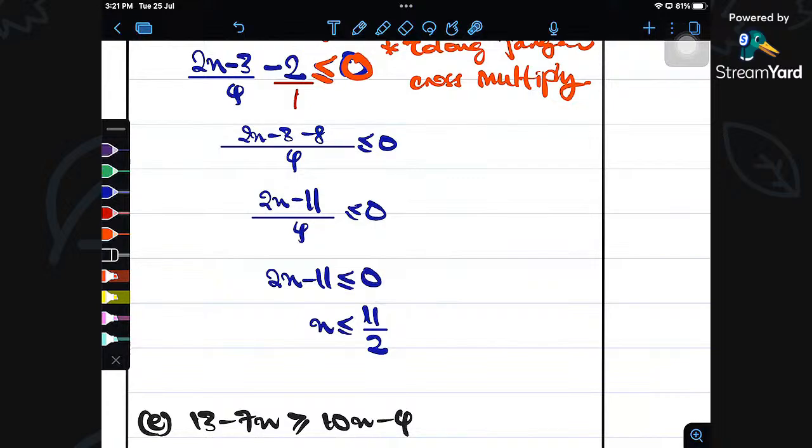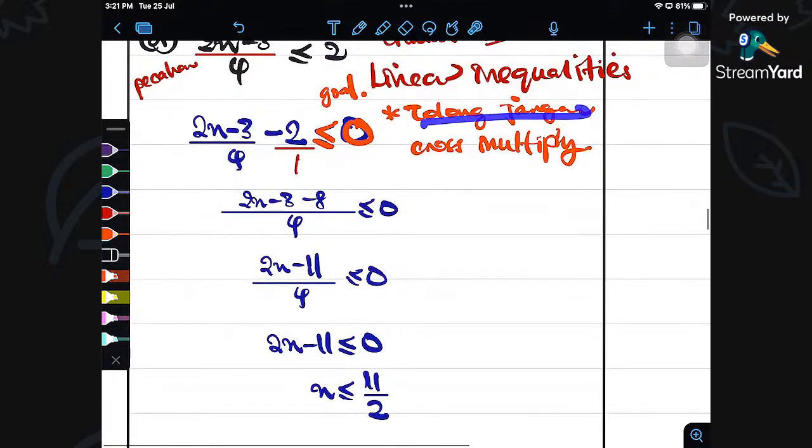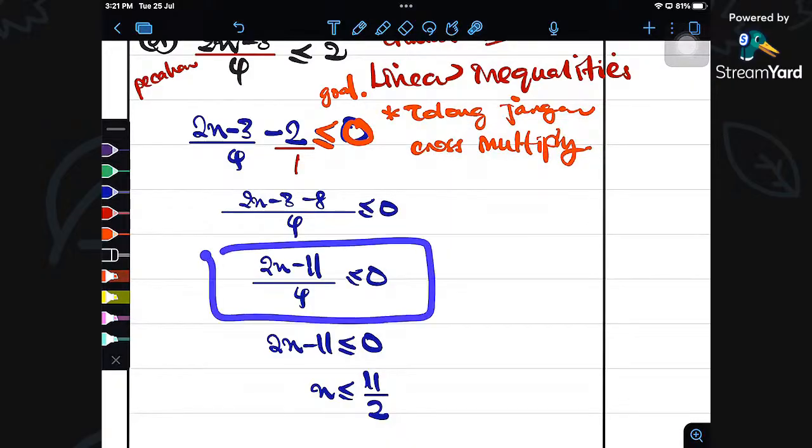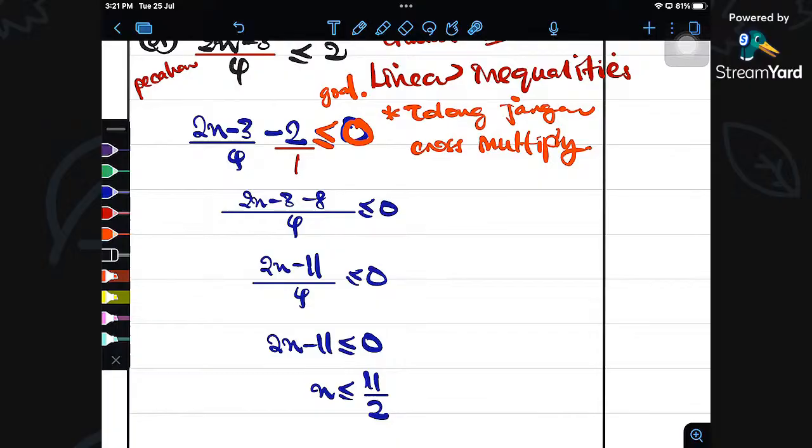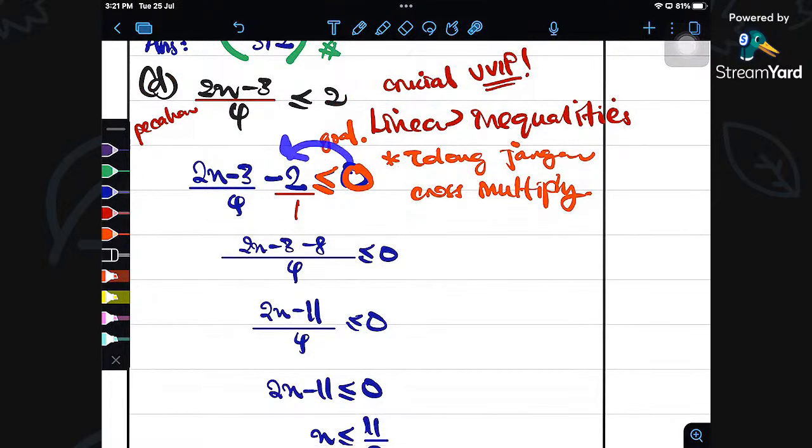I'm just wondering, madam tadi kata tak boleh cross multiply. Kalau boleh, jangan cross multiply. But when this part comes across to us, yang ini macam madam hanya solve bahagian atas saja, you see. Sometimes we can apply cross multiply. It is just that it is advisable to move this number to the left hand side, because there will be a more difficult question for us later, you know.